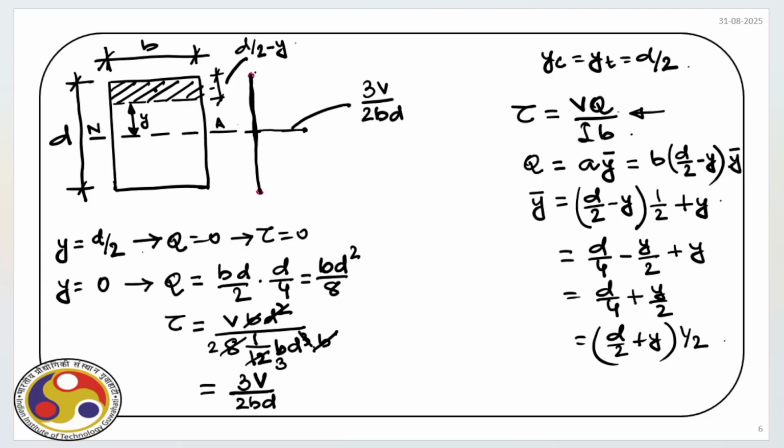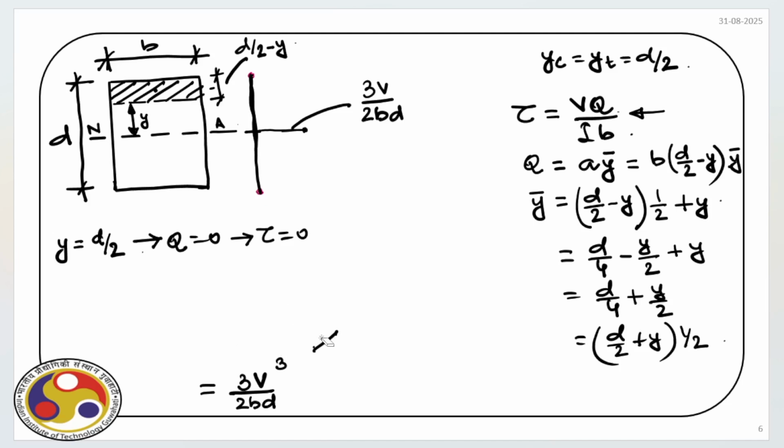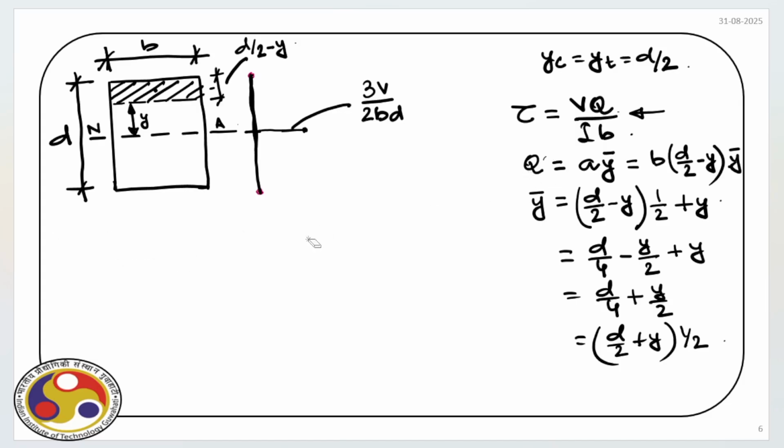We still don't know what is the variation from 0 at the top to 3V by 2BD at the middle. That we'll investigate in a minute. For that, we have to use the expression of y that we have already derived, and using this y we will find out Q, and using that we'll see what is the expression of tau.